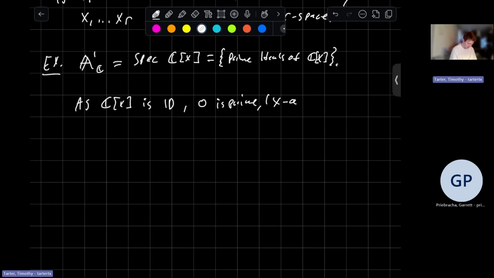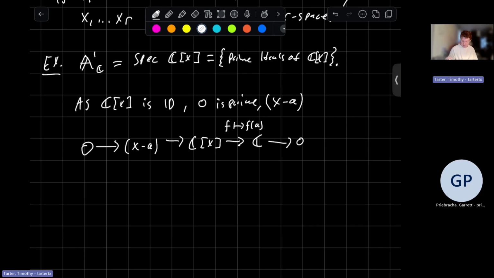So is (x minus a). We get this inclusion mapping of 0 to ideals of the form (x minus a) to C[x], to evaluation at a point, where f gets mapped to f at a, which maps back to 0.